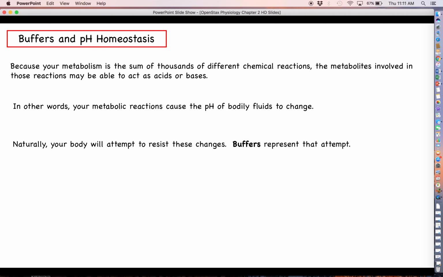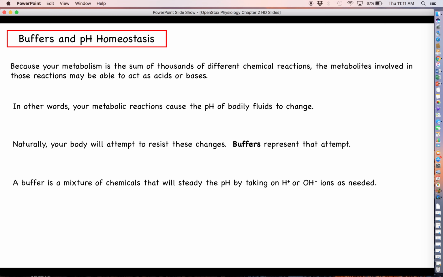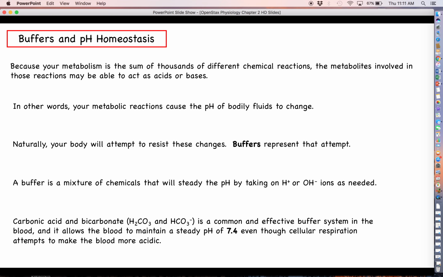So your body's homeostatic defense mechanism against pH changes is buffers. A buffer is a mixture of chemicals that will steady the pH by absorbing hydrogen and hydroxide ions as needed, so we don't get really big changes in the pH that ordinarily would happen. One very common buffer mechanism, which we will probably not discuss again until the respiration chapter much later in the semester, is carbonic acid and bicarbonate.